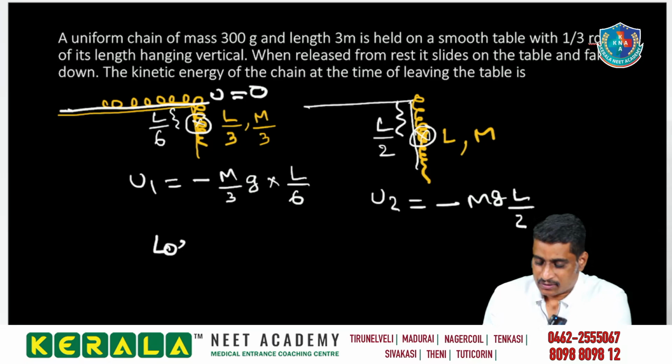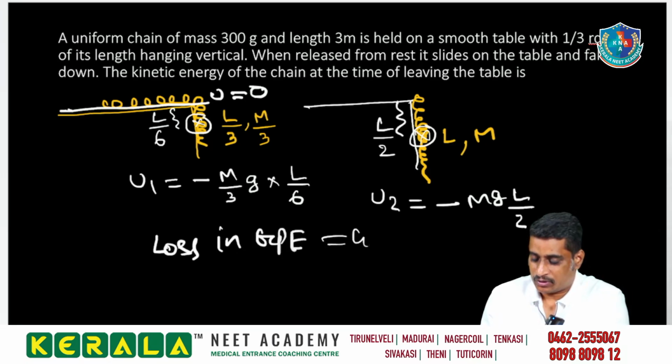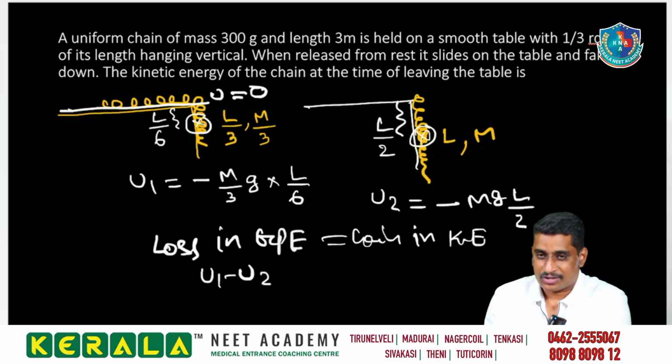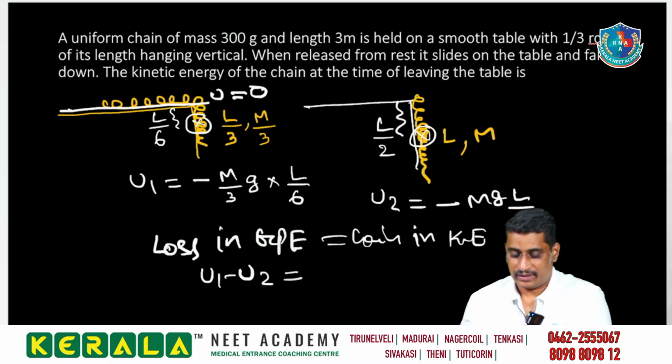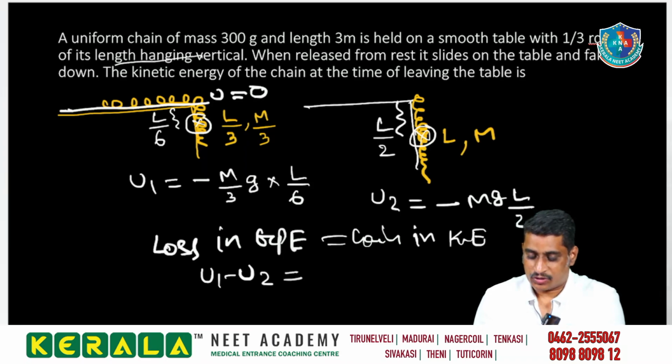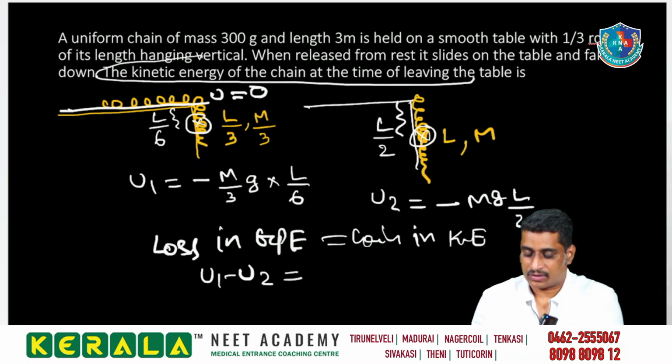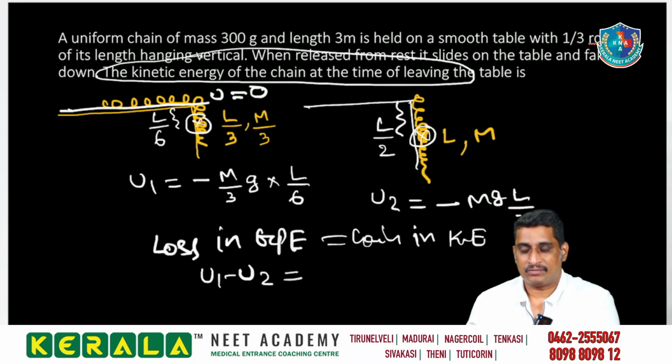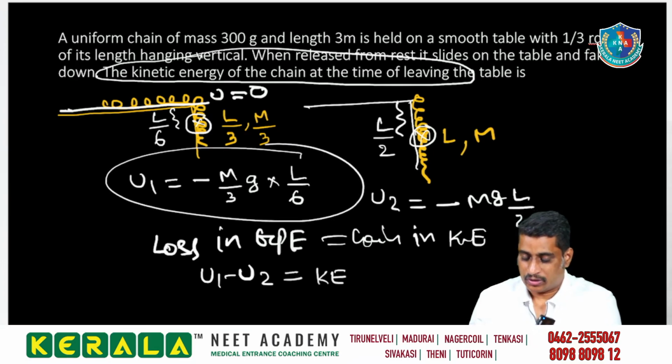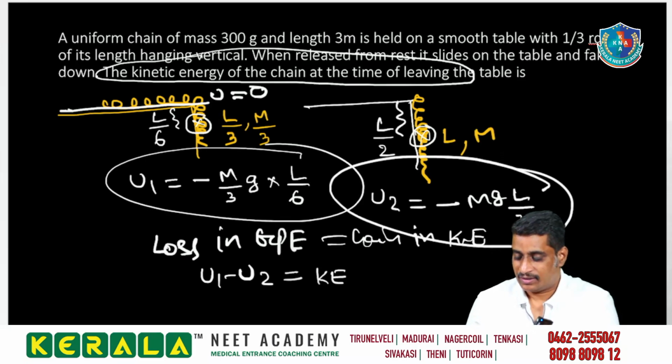So loss in gravitational potential energy will be equal to gain in kinetic energy. Loss is nothing but U1 minus U2, and that will be equal to the gain in kinetic energy. They are asking us to calculate the kinetic energy of the chain at the time of leaving. By subtracting these two equations, you will get the result.